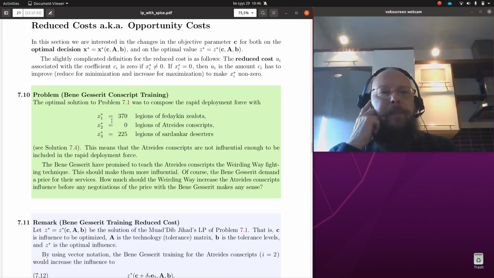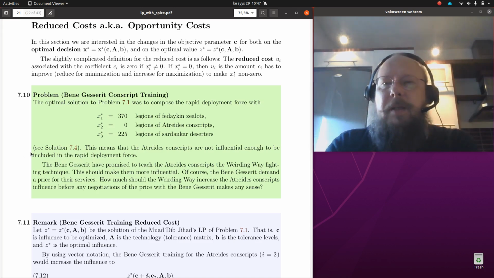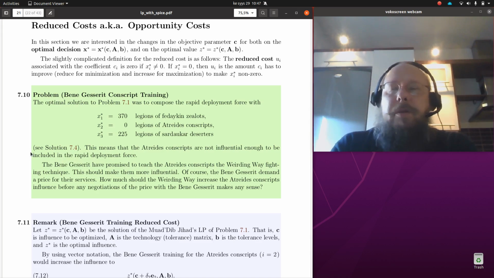We have 370 legions of Fedaykin zealots, no Atreides conscripts at all, and 225 legions of Sardaukar deserters. So that was the solution 7.4. Maybe at this point you should go back in the notes and look at how the solution was calculated, or to be more precise, how we told Octave's GLPK function to calculate it.